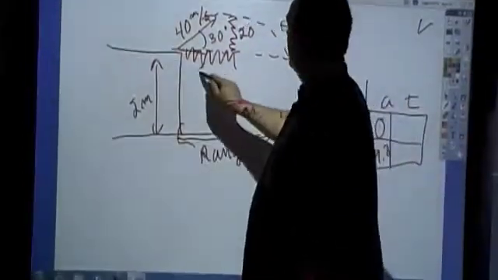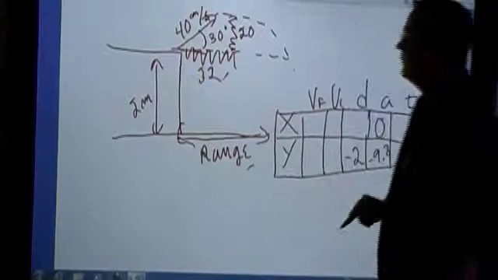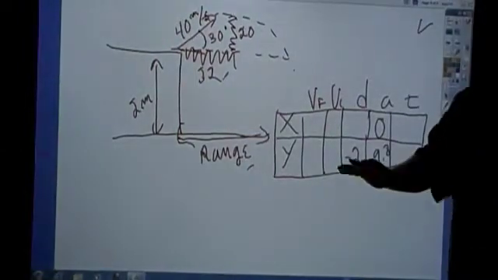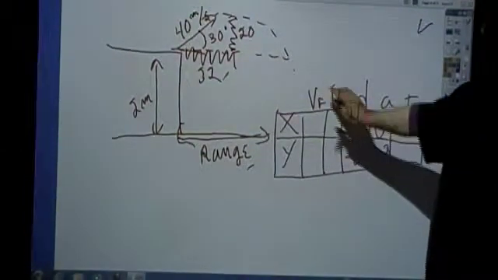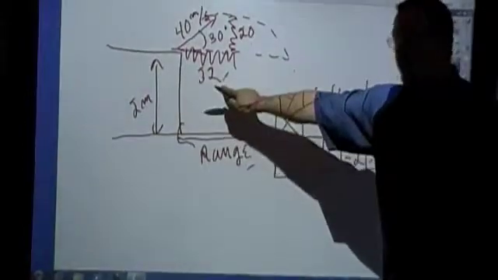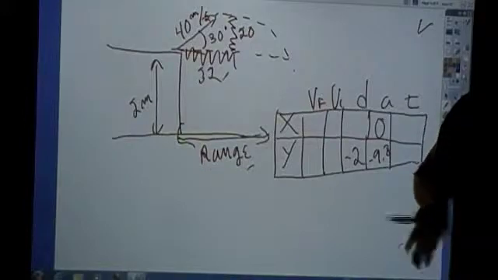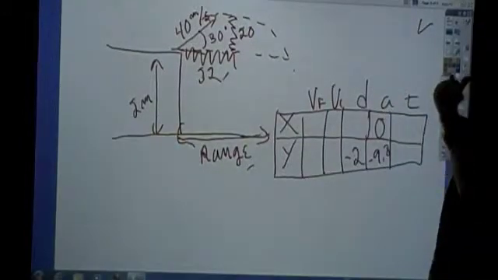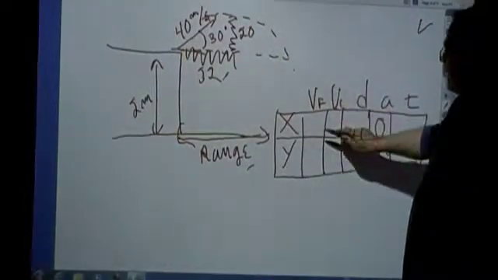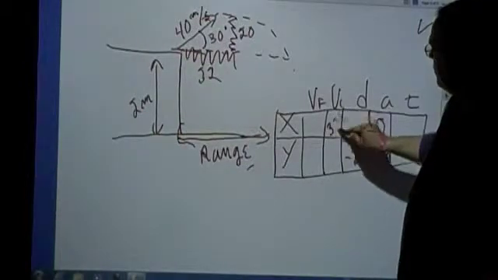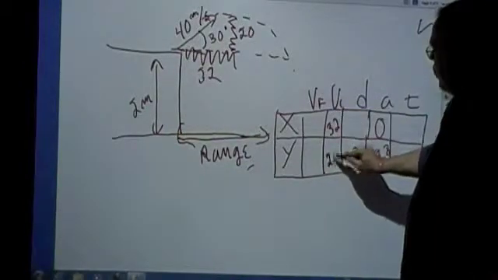Are we good? Let's say 32. So we can't use 40 meters per second anywhere on this table. We have to use 20 in the Y and 32 in the X. Are they both negative? They're both positive, because Y is going up and X is going to the right. So VI in the X is 32, VI in the Y is 20.